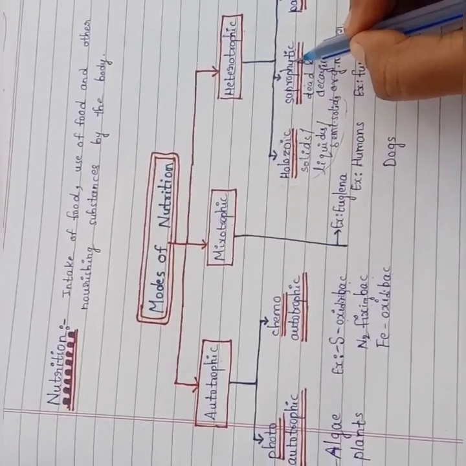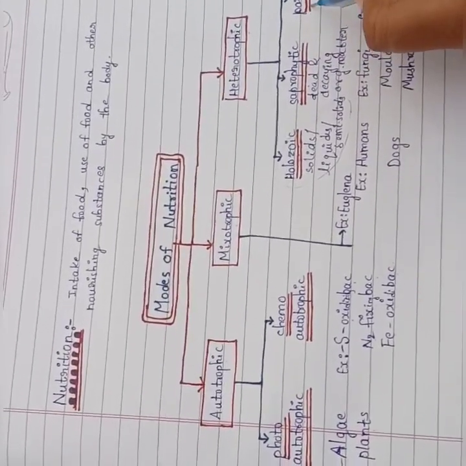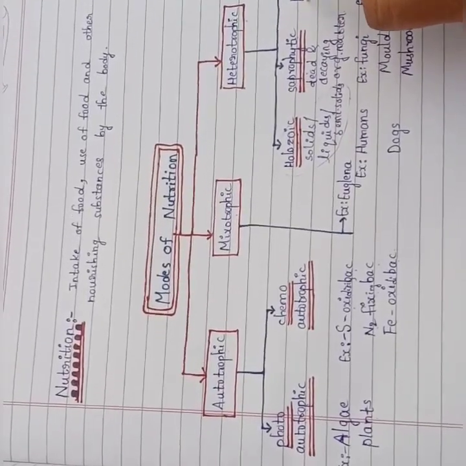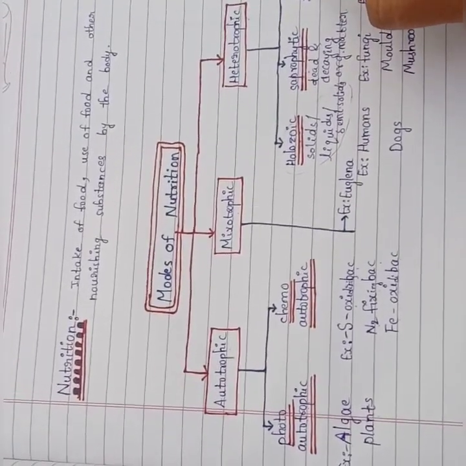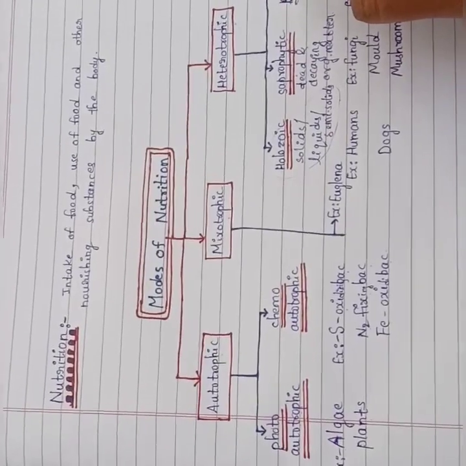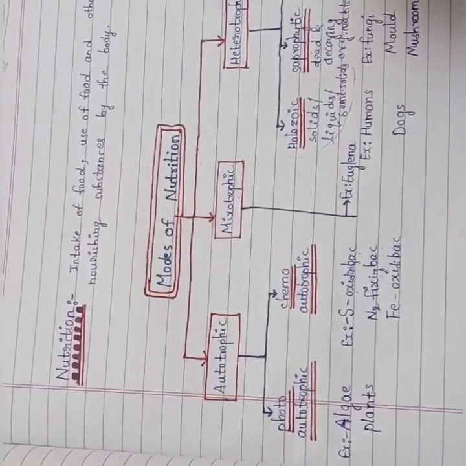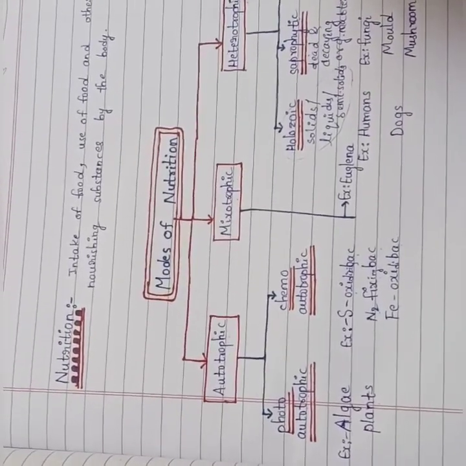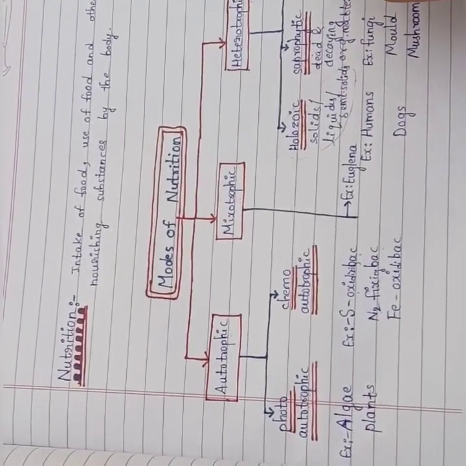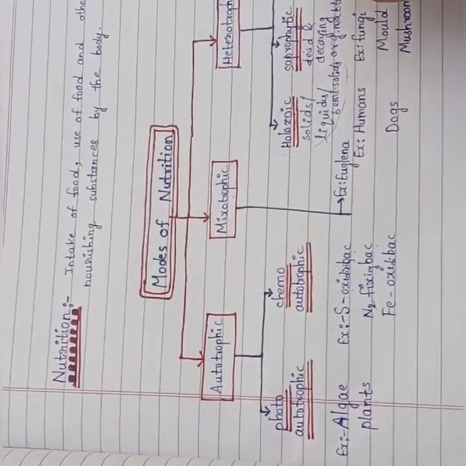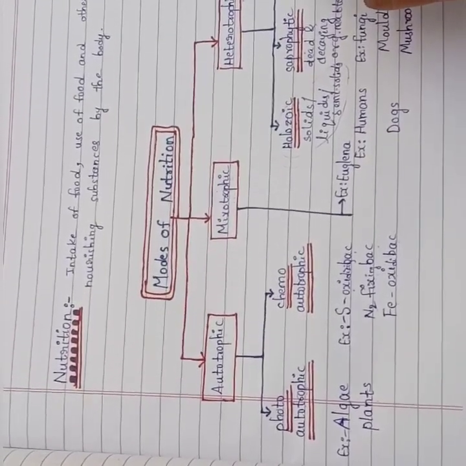This mode of nutrition is considered the saprophytic mode of nutrition. In the case of parasitic nutrition, we can define it as follows: the organism depends on another organism by living on its body surface or inside its body.